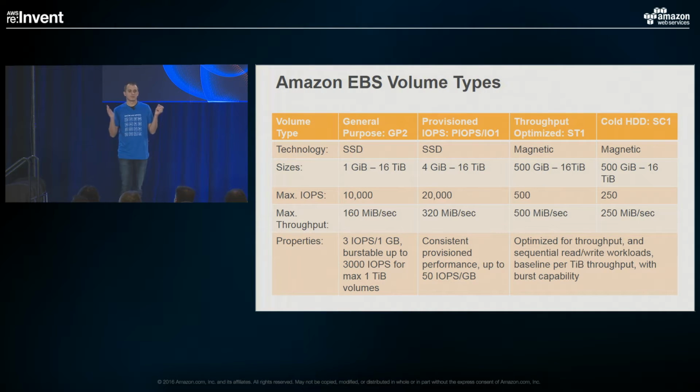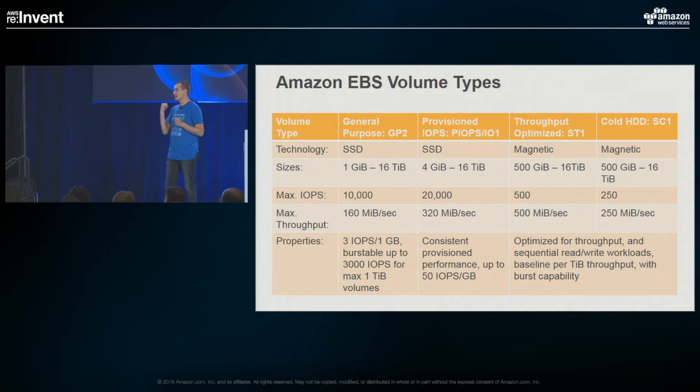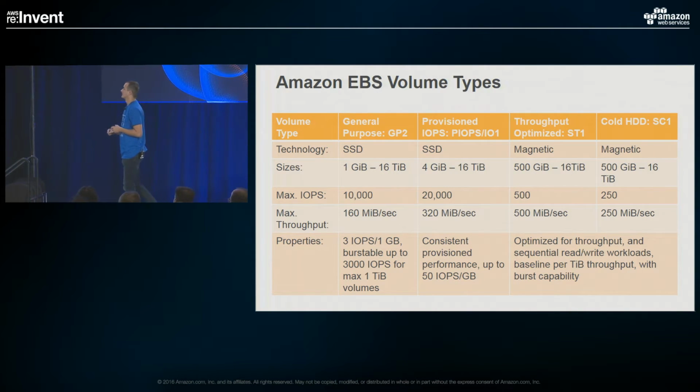There's 4 current generation types of EBS volumes, not counting a legacy magnetic volume type. 2 are SSD-based, and they're designed for general purpose or high-performance use cases. These are use cases with high IOPS for random I/O.